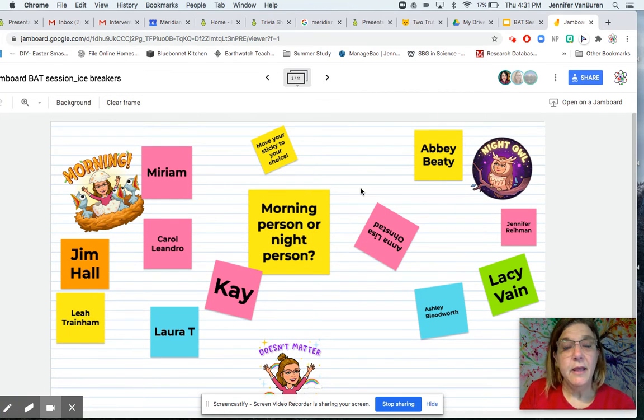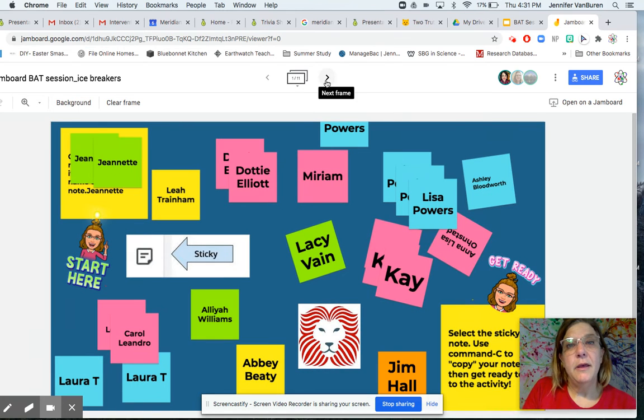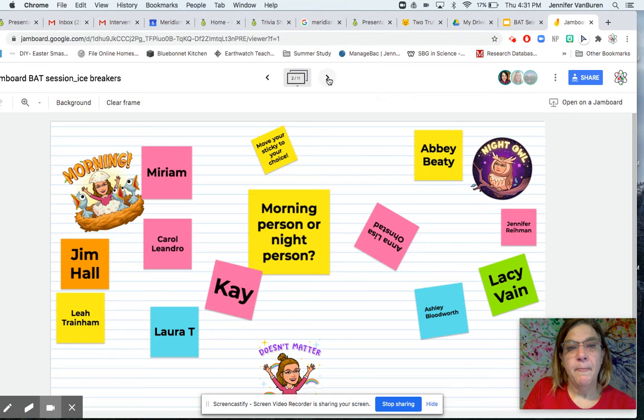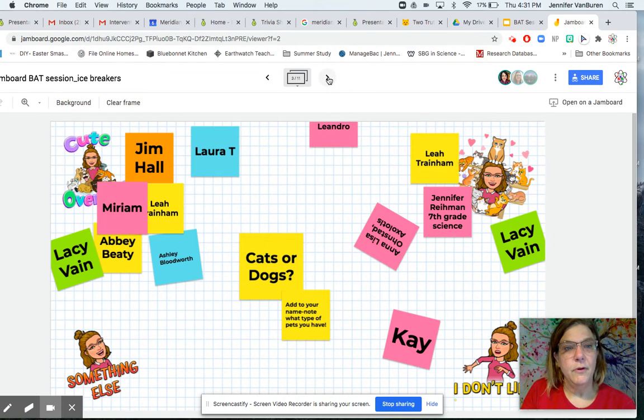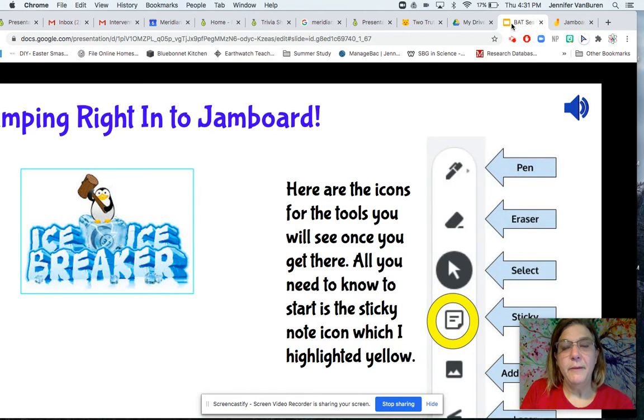In this case, it's just a way for kids, or people in general, to play a four corners game that we might play on a typical first day or first week of school. Jamboard is one of the programs that we're going to be going over for the rest of the session as well.